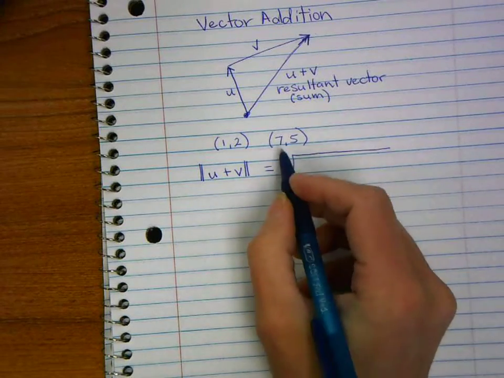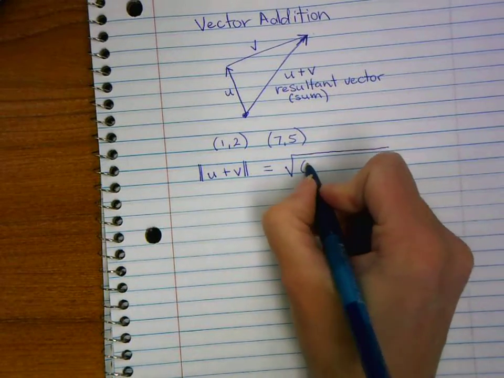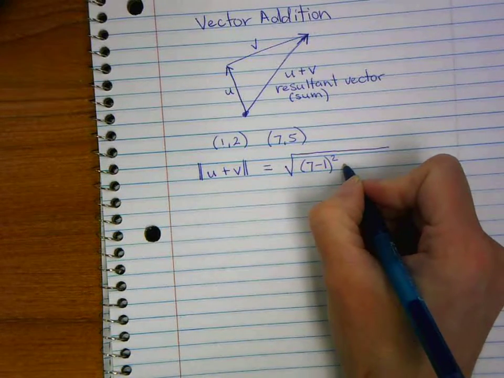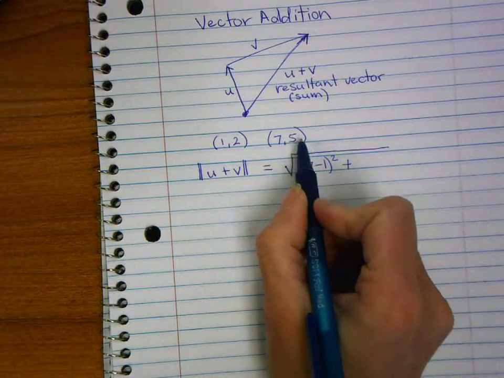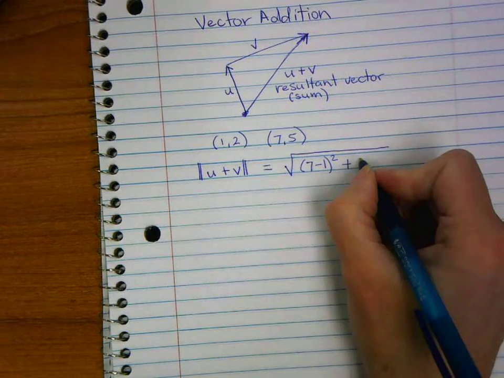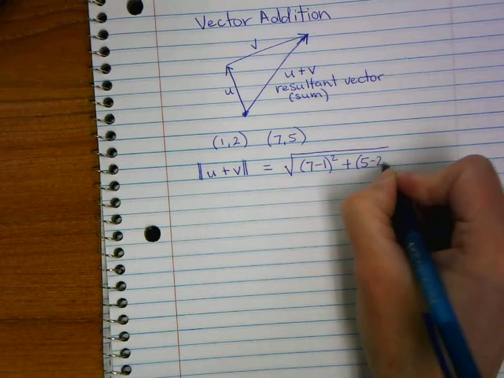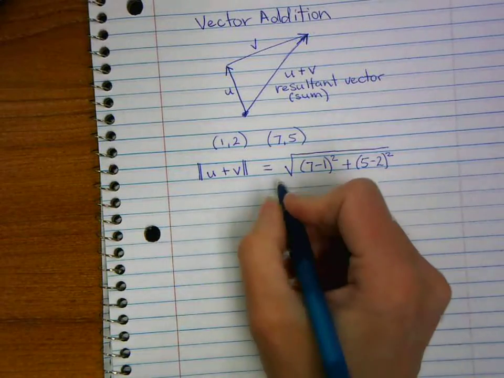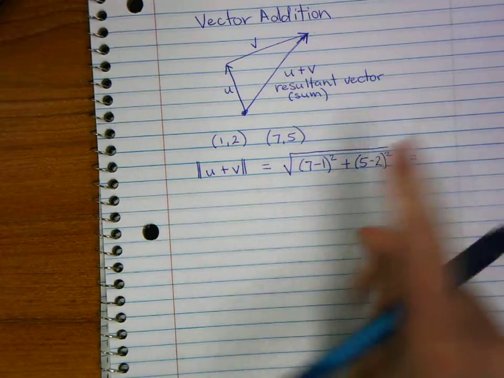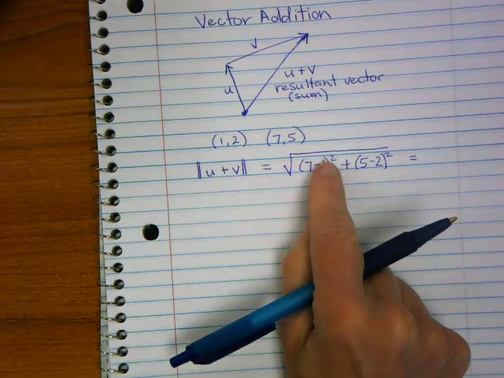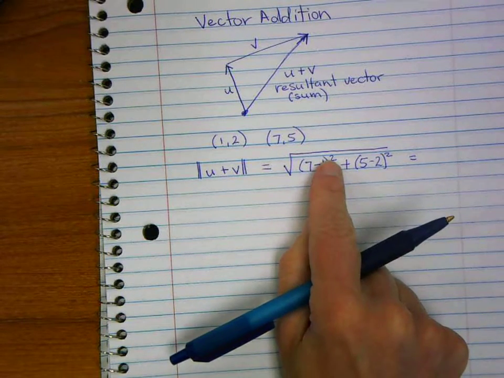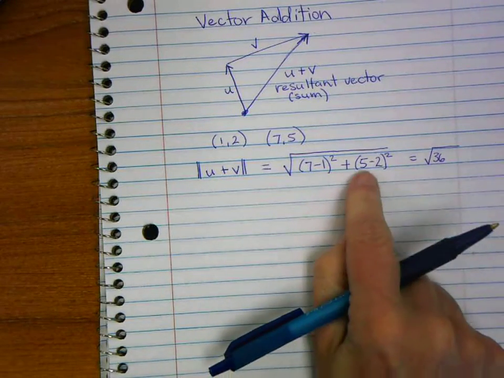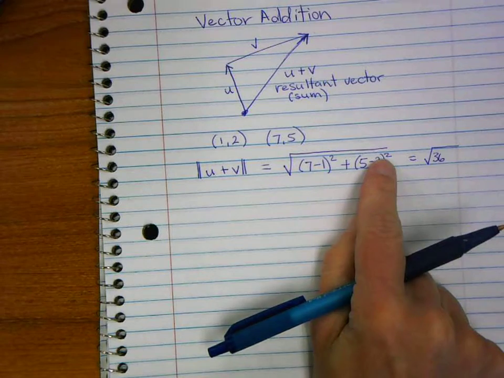So it's just our x values, 7 minus 1 squared plus 5 minus 2 squared. Okay, so 7 minus 1 is 6. 6 squared is 36. 5 minus 2 is 3. 3 squared is 9.